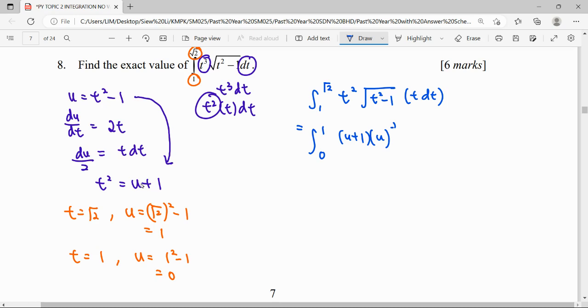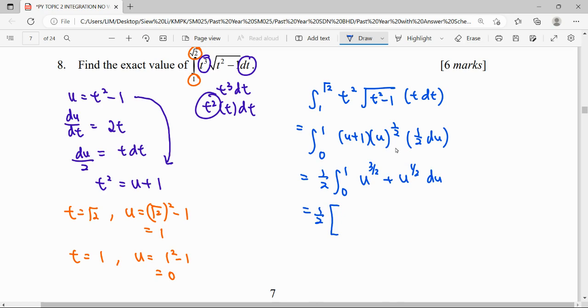So for the square root function, it will be u to the power of 1 over 2. Then the t dt will be multiplied with 1 over 2 du. So from here, we can simplify our integral, where the constant we can factorize out. And then we can expand, where this is u to the power of 3 over 2 and this is u to the power of 1 over 2.